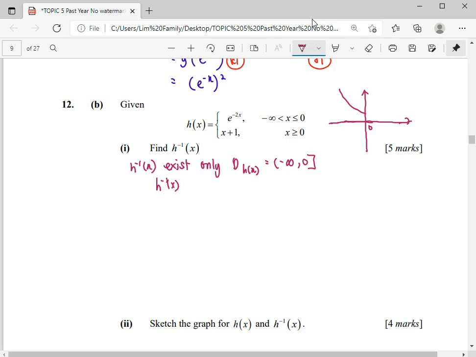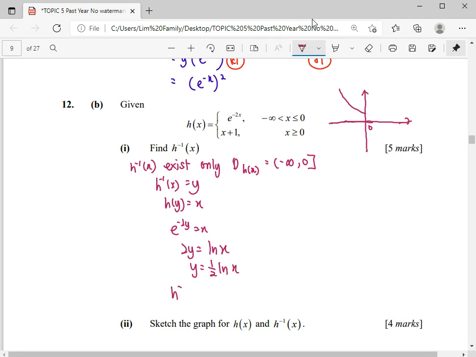So we start our inverse. h inverse of x equals y. Then h(y) equals x, e^(-2y) equals x. So we are going to get our y. Move your e, it will be ln x. Then find your y, it is negative 1 over 2 times ln x.